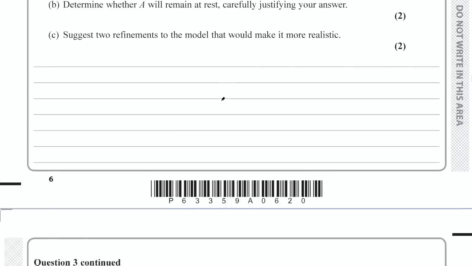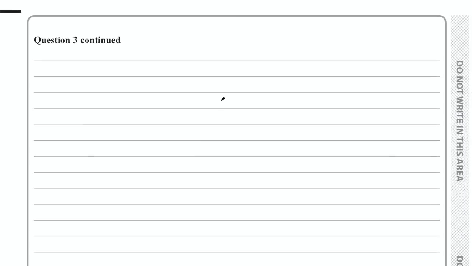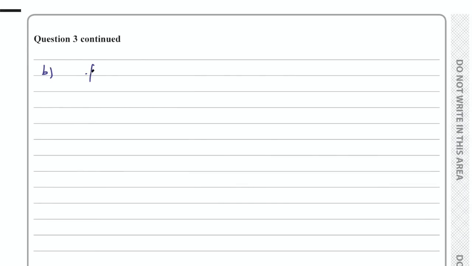So comparing those two forces for part B, I might just draw a quick diagram for illustrative purposes. You wouldn't have to do this in the exam.